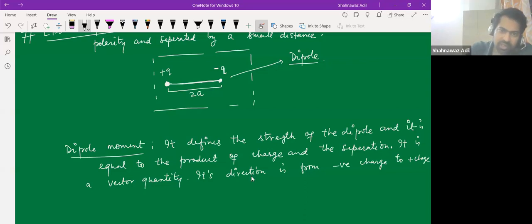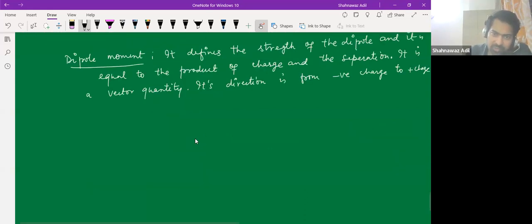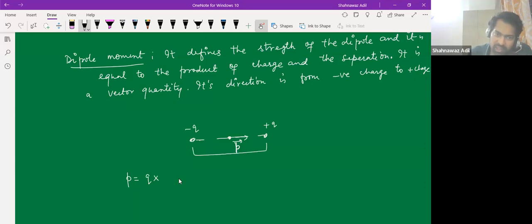Okay. So let's say we have a dipole, minus Q and plus Q, and let's say this is the center of the dipole. So the direction of the dipole moment would be in this direction. That is how we represent this dipole. This is a vector quantity, and its magnitude is the product of charge into separation. What was the separation we have taken?